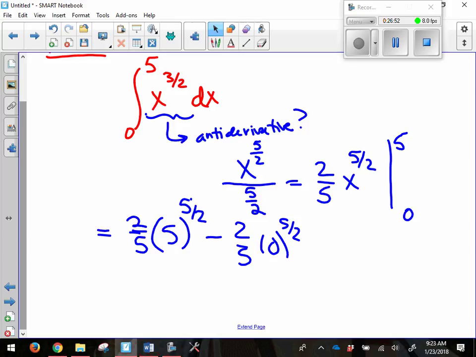In another week or two we will do indefinite integrals, and then we're going to need the plus c because we won't be finding the area. What we're really finding is the antiderivative, an equation so that we can find the area no matter what we decide to do. Okay?